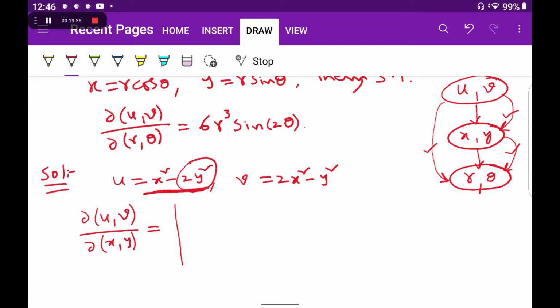Second term there is no x. So the derivative of x square is 2x minus 0. Dou u by dou y: with respect to y, the first term has no y, so derivative is 0, minus 2 into y square, derivative is 2y, so minus 4y.